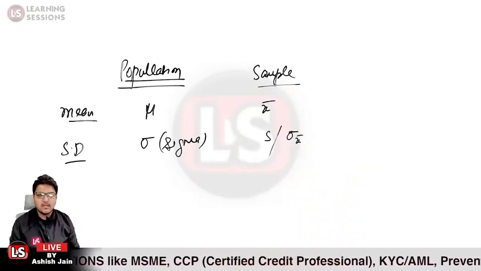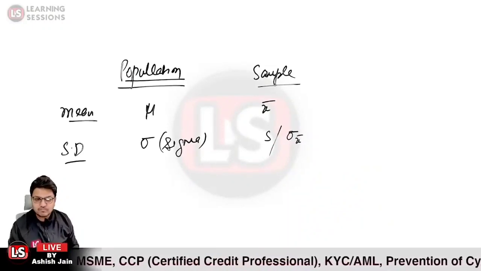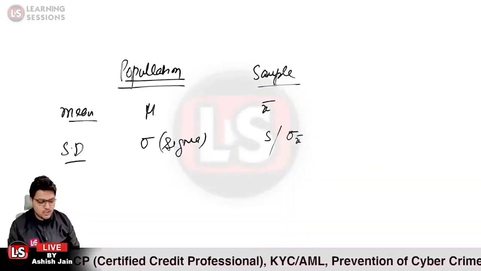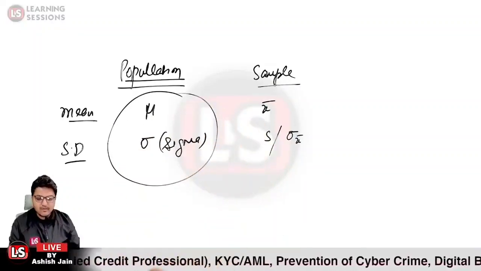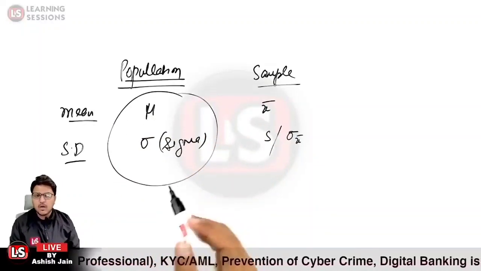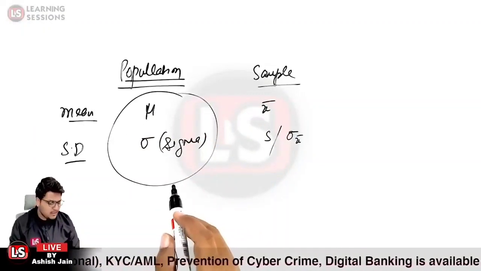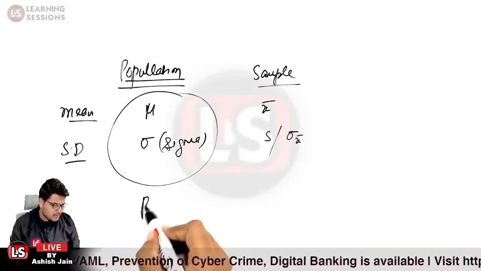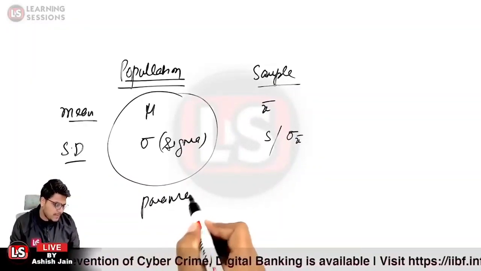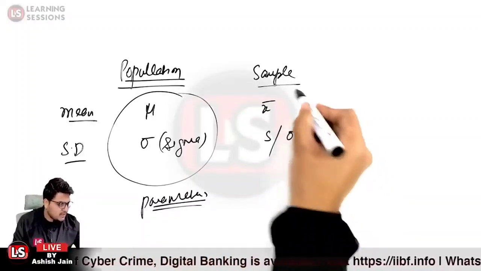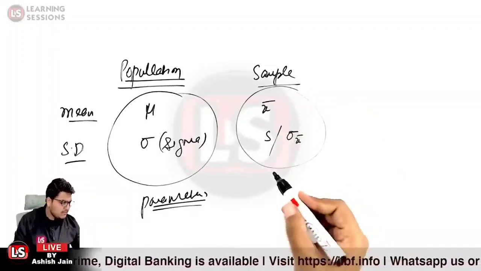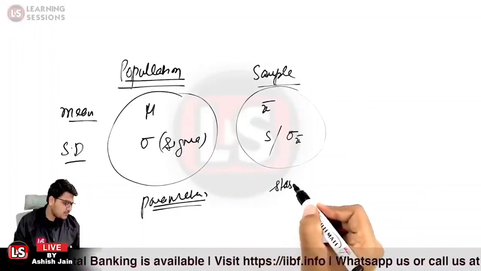Any of these can be used for this purpose. Is that clear? Further, for the population, whether we are talking about the median, mean or standard deviation, we call them parameters of the population, and in the case of the sample, we name them statistics.